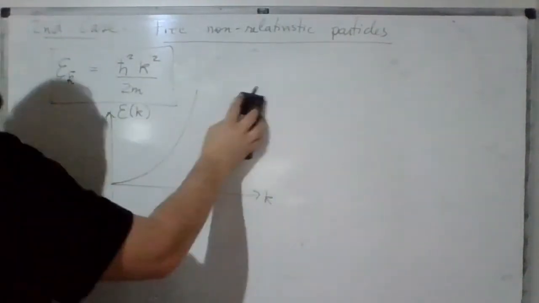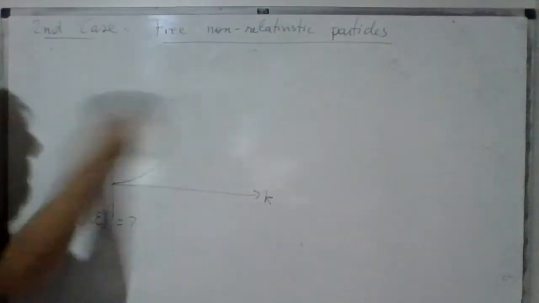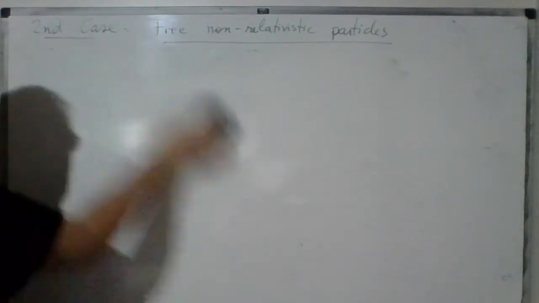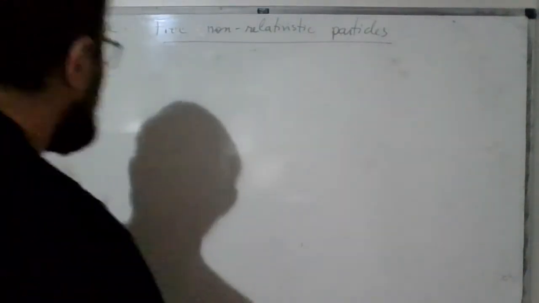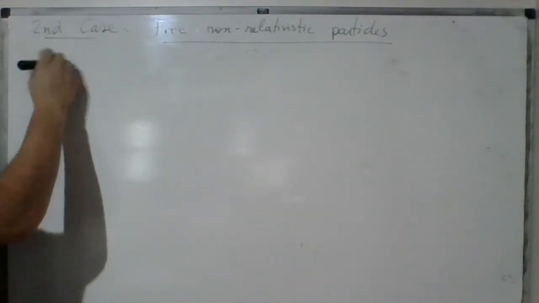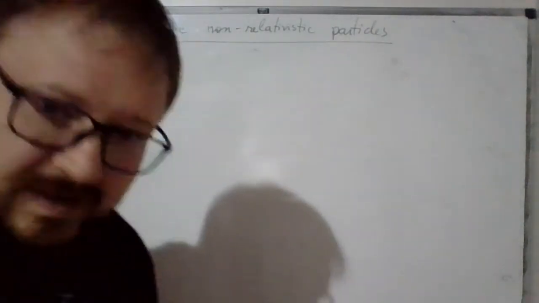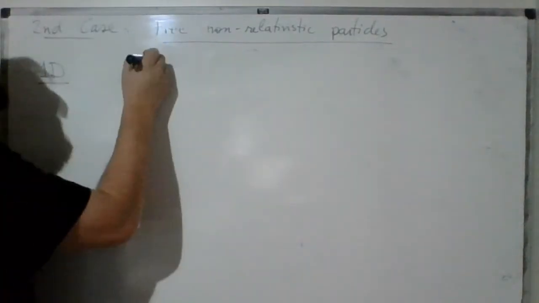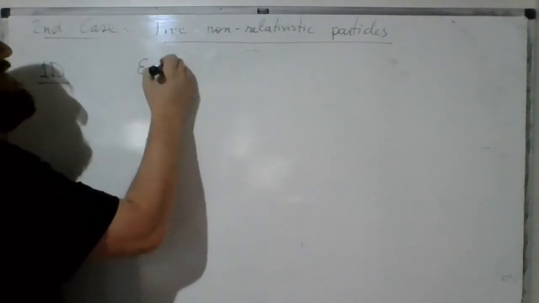So we have to consider the number of space dimensions. Let us consider first one dimension. One dimension of space, there is only one dimension. We have energy of k.